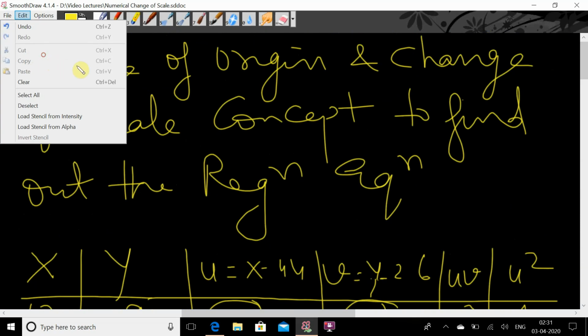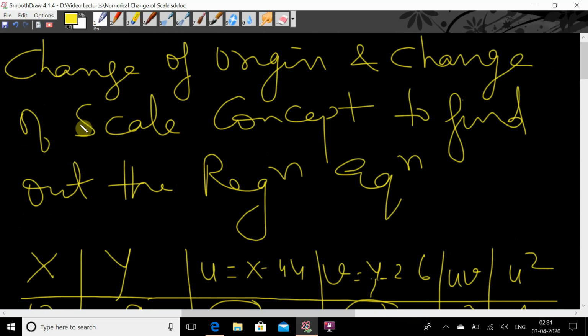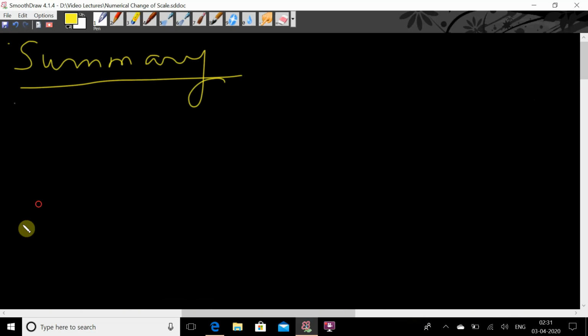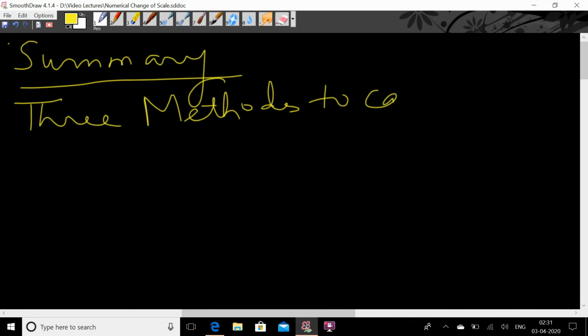So let me revise and summarize what formulas we have done till now. This is the summary, and after this we will start the next topic. So there are 3 methods to calculate regression coefficients.